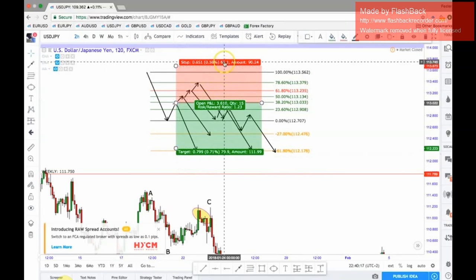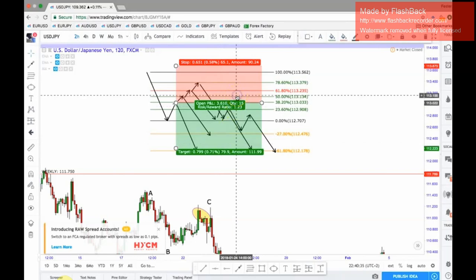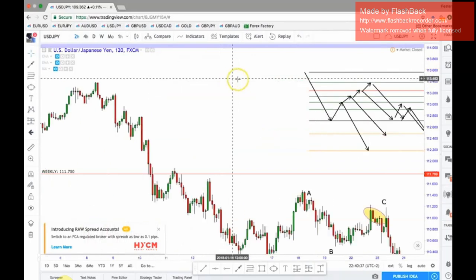Now you're risking 65 pips to catch 80 pips. So it's a 1-to-1 ratio. It's not a really good trade. If you're high risk, yes, 38.2 is aggressive and it can get you a take profit really quick. But if you're not willing to lay out the same risk as your reward, then don't take the trade. So that is the proper way to use Fibonacci.